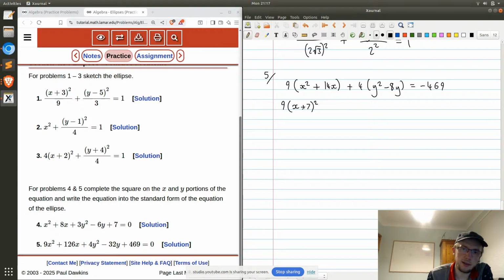When I do this, I make 49. 49 times 9 is 441, so I have to take that away. When I do this, I make a 16 times 4, so I make a 64, but I've got to take that away.